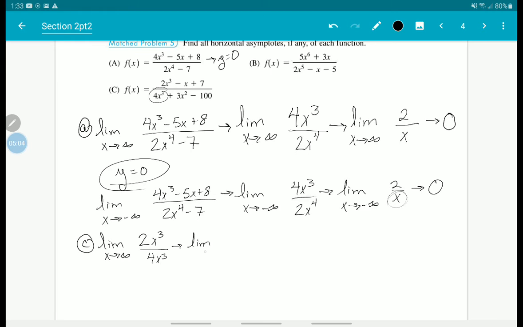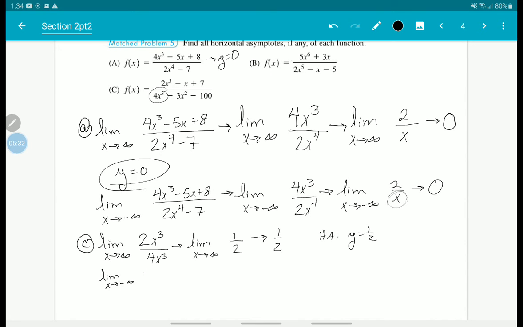And if we think about how that reduces, that's going to reduce to a 1 over 2. Notice the x's are going to reduce there. And if I take the limit as x approaches infinity, I'm still just going to get 1/2. So we would say our horizontal asymptote is the line y equals 1/2. All those y values are getting close to 1/2 as x gets super big. It's also true as x gets super small.